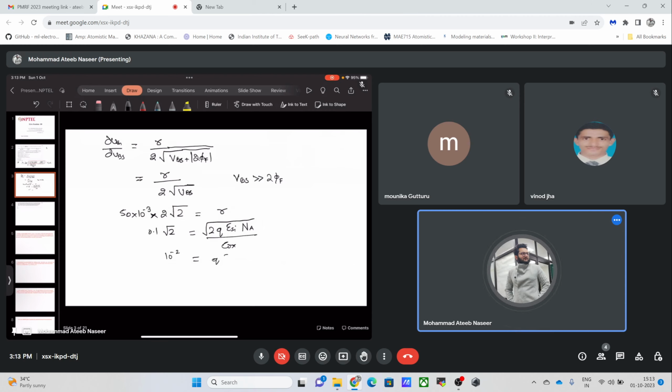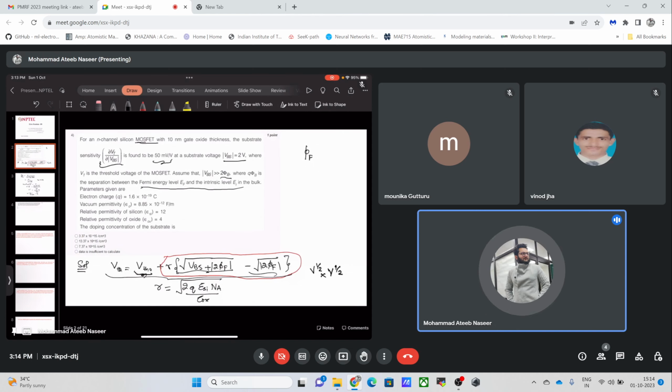It will be q epsilon si na by Cox, or simply it is 10 to the power minus 2 epsilon ox by t ox, equal to q times epsilon si times na. So this is the value that we require, this doping concentration of the substrate.